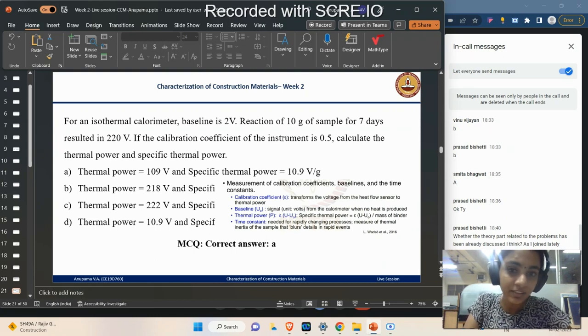In this case it's about the isothermal calorimeter, and there was a problem of calculating the thermal power and the specific thermal power. The theory is already explained by the professor, and through the questions we'll discuss the necessary items. We will not be discussing the theory again in the live sessions. So whatever comes through the questions, we'll discuss. Most of the major problems will be discussed.